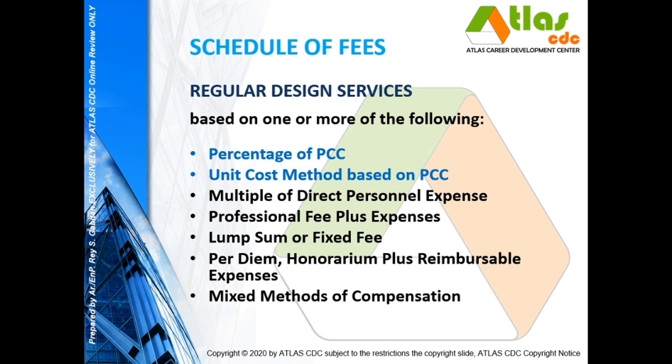But aside from this, you can also employ the multiple of direct personnel expense, provided that you are already very familiar with the construction schedule or project schedule, no? And expenses to be incurred for the particular type of service. We have the professional fee plus expenses also can be employed, lump sum or fixed fee, the per diem honorarium plus reimbursable expenses, and you have the mixed methods of compensation.